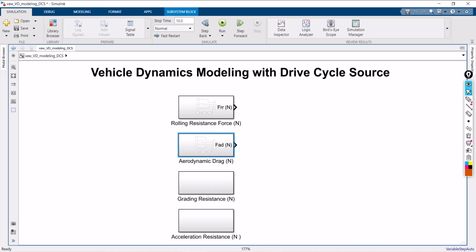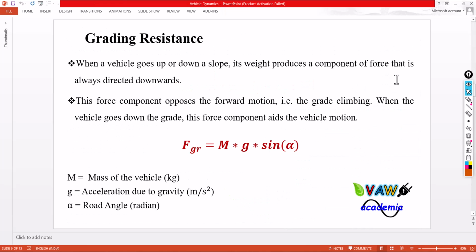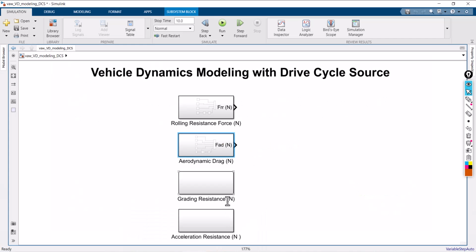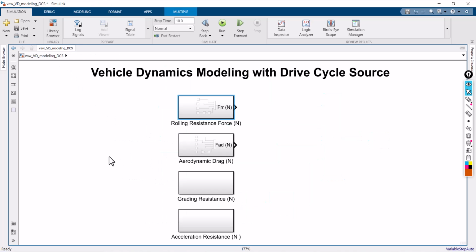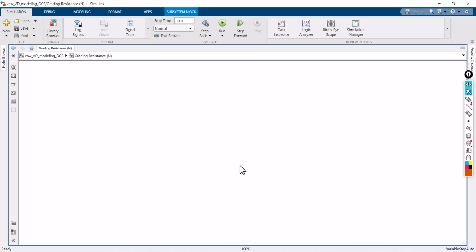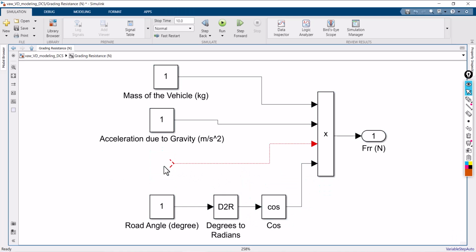If you check out the grading resistance, this third equation will be very similar to the first equation. Only there is a change: instead of cos alpha you have to use sin alpha. So what I'm doing is getting inside and copying all the things. I don't want the rolling resistance coefficient.